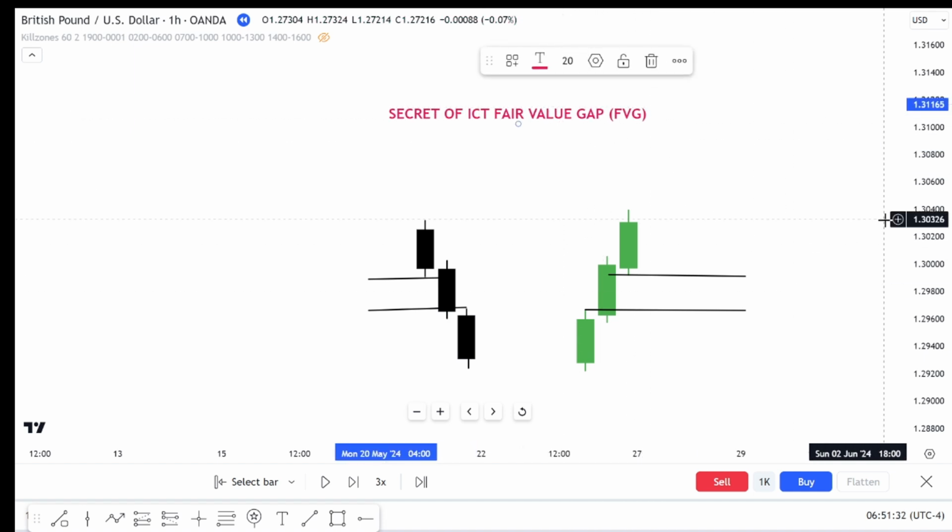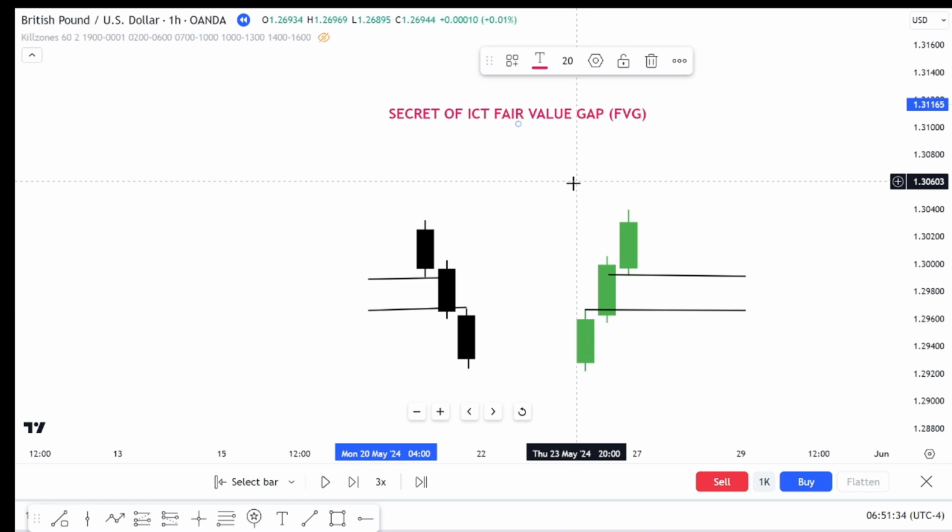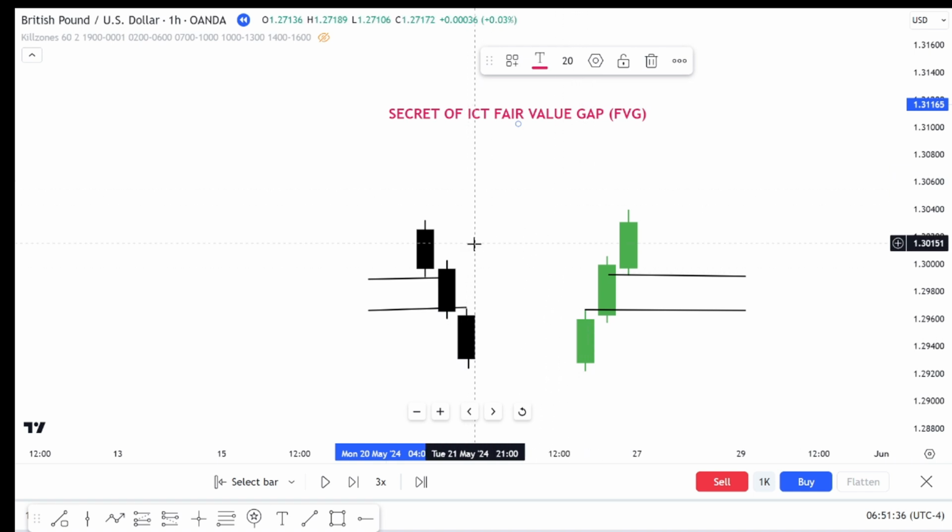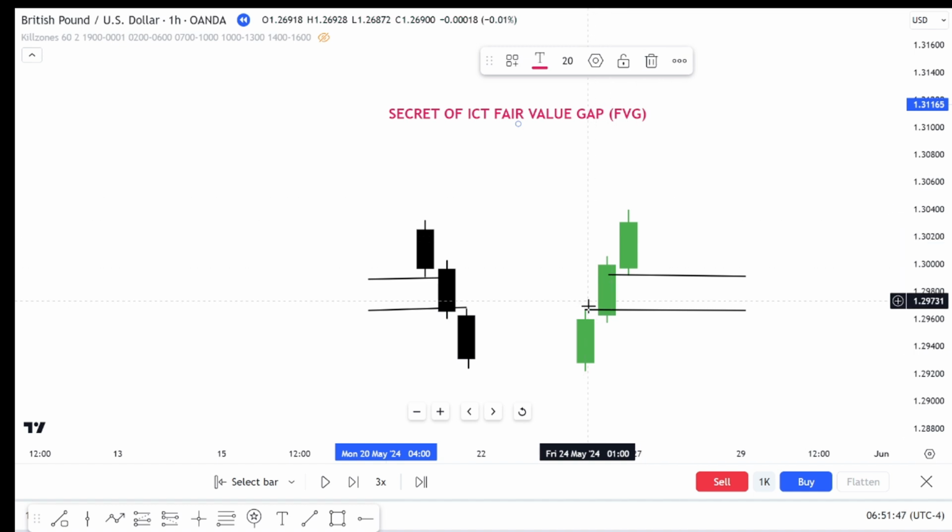So what is this fair value gap? Fair value gap is simply a three candle formation. In the case of bearish, the first candle low does not overlap with the third candle high, and in the case of bullish, the first candle high does not overlap with the third candle's low, leaving a space in between.